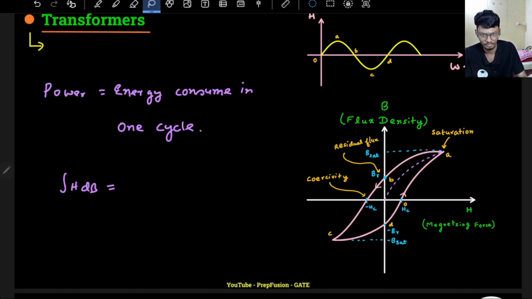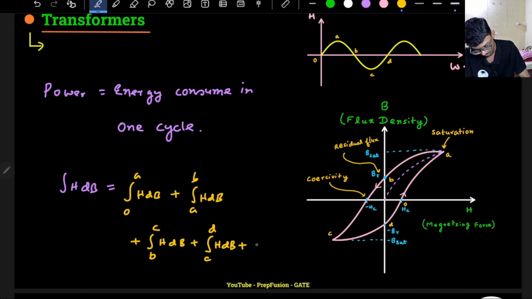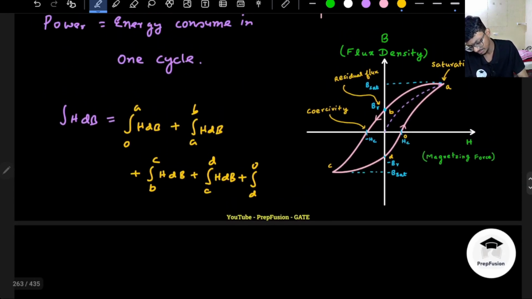So HdB will be equal to the integration of different paths, which I can break down: HdB of the first path O to A, plus HdB from A to B, plus HdB from B to C, plus HdB from C to D, plus HdB from D to O. So this will be the whole cycle, right? Let's first calculate for the first one.